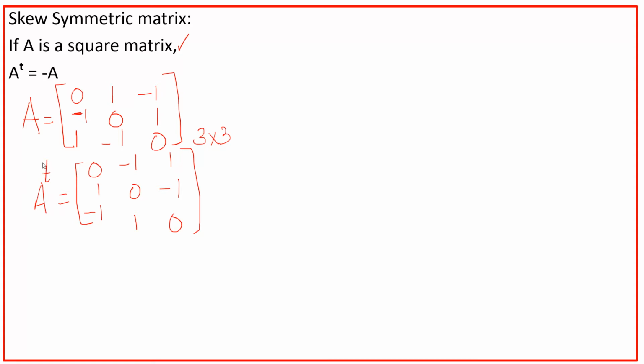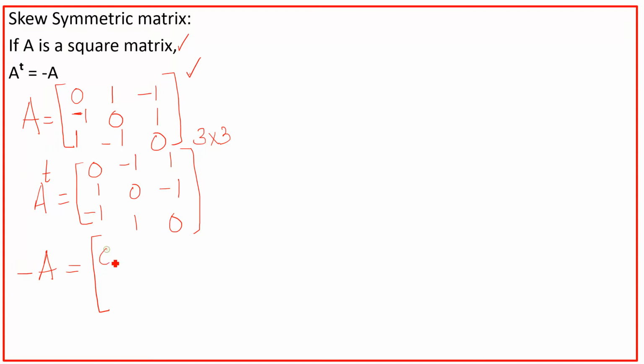Right? In the case of symmetric matrix, you have to see whether this A transpose is equal to the original one. But for the skew symmetric matrix, you have to see that this A transpose should be equal to the negative of this original one. So how will you write down the negative? Just change the sign.